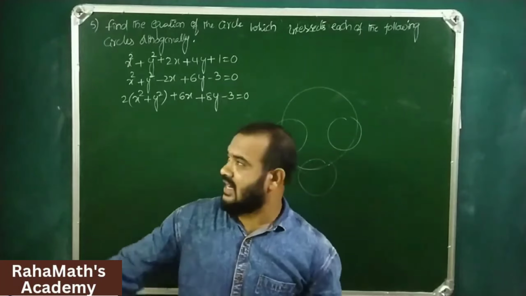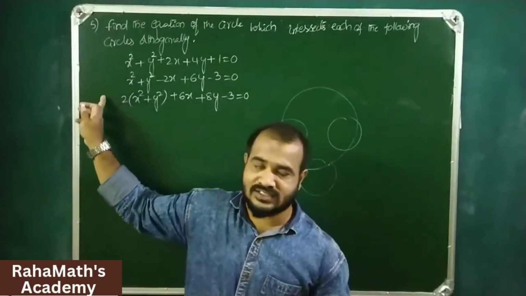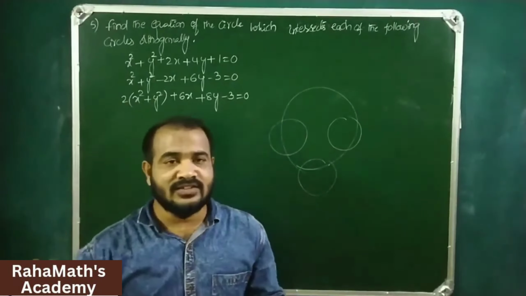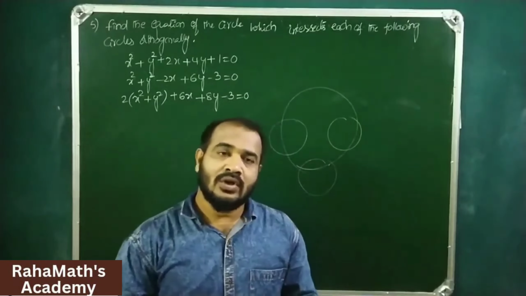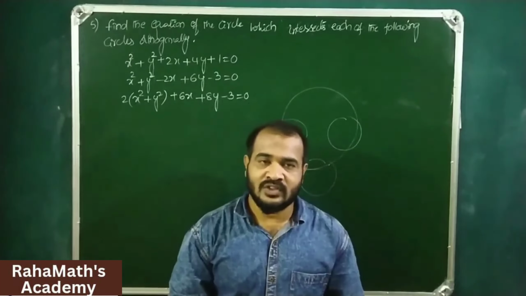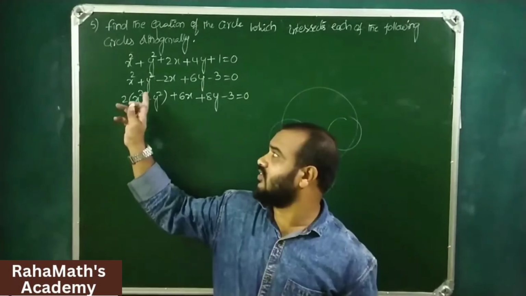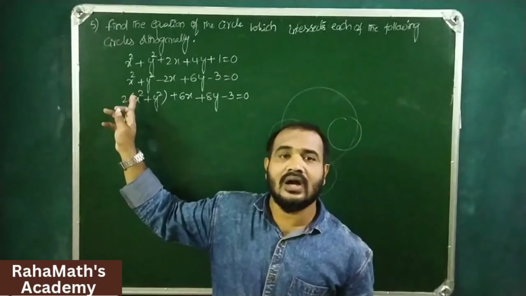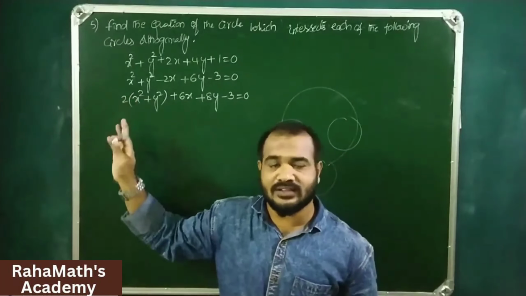Let us take these as S dash, S double dash, S triple dash. So S equals to 0, S dash equals to 0, the condition for orthogonality you use. Same is the case with S equals to 0, S double dash equals to 0, and S dash equals to 0, S triple dash equals to 0.